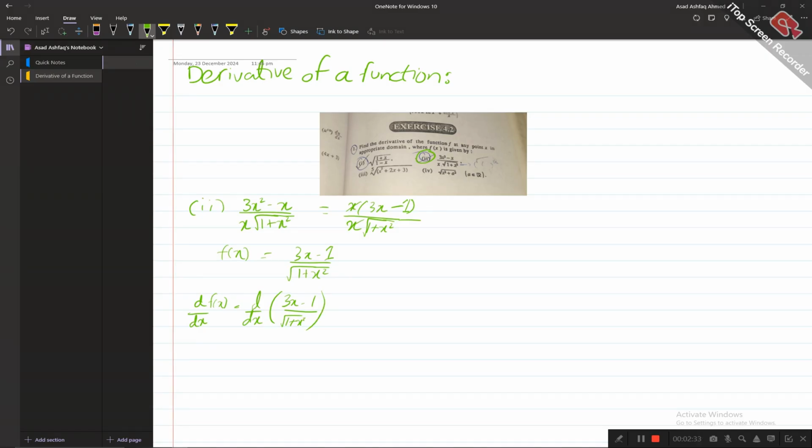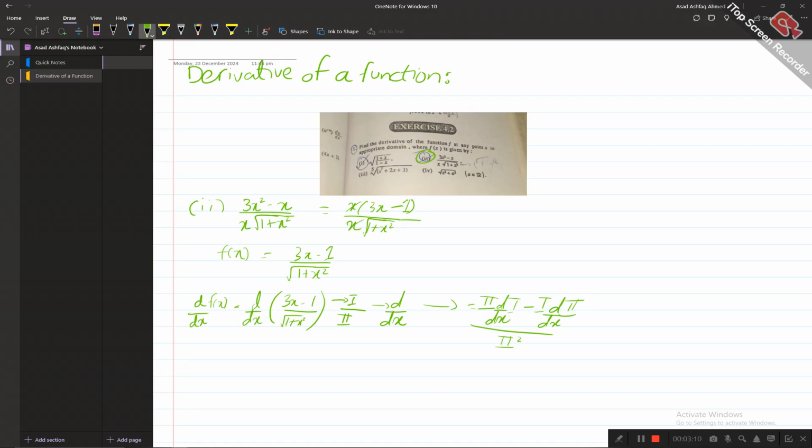Here we apply the first function upon second function formula of the derivative: second term into derivative of first term, minus first term into derivative of second term, divided by second term whole square.